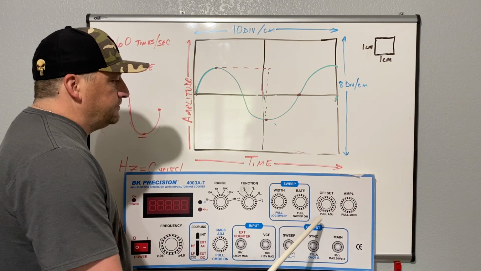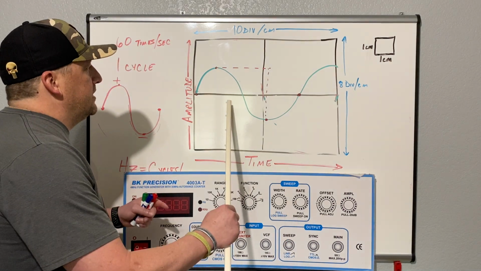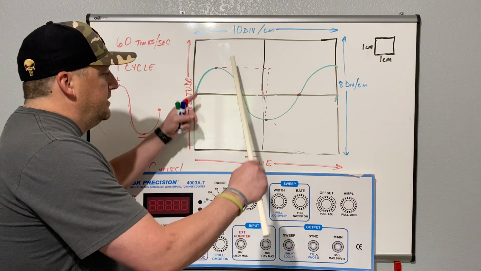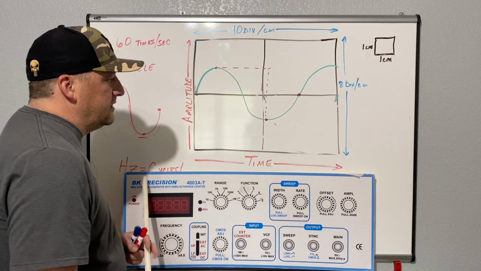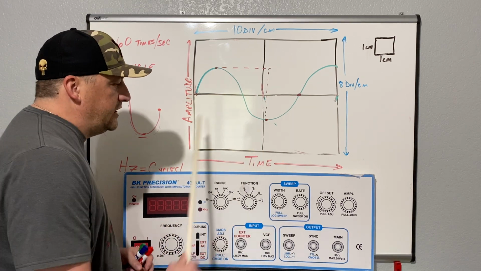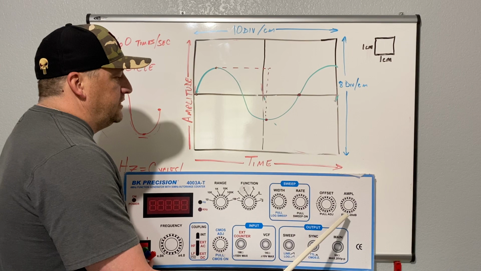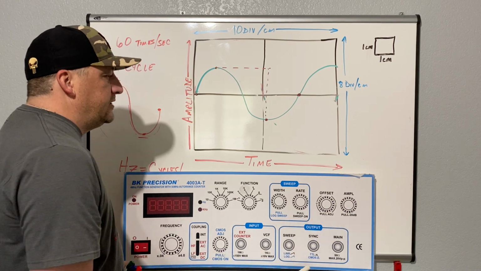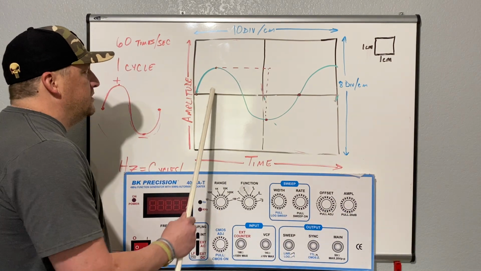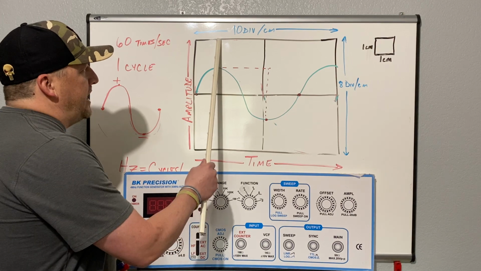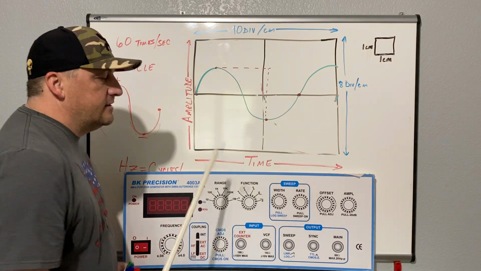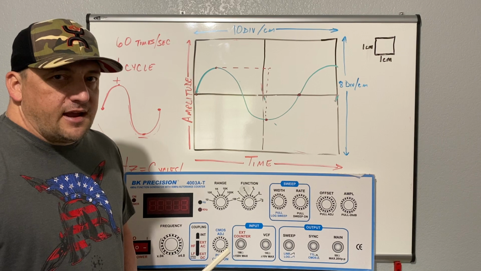Offset. That is giving us the ability to offset the trace or the signal that we're putting into this, and then amplitude. Amplitude is what's actually going to adjust the amount of voltage that this signal generator is putting out.